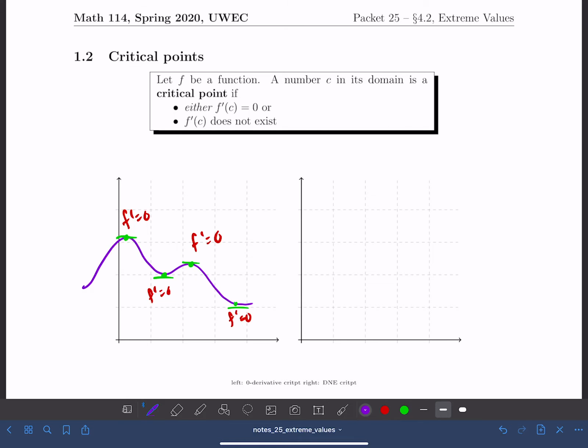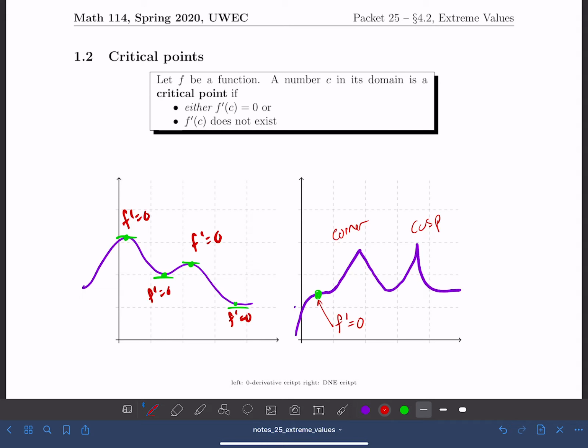Things can happen in a couple of other ways as well. So I want to start by drawing a function that does that. And then let's give it a corner and a cusp like that. Corner, cusp, and there's this particular point right here where the derivative f prime is 0 also.